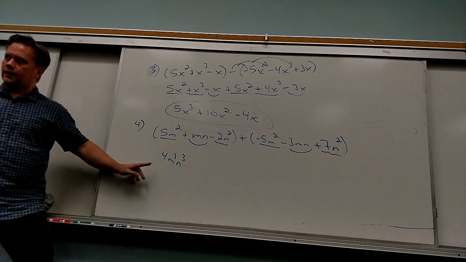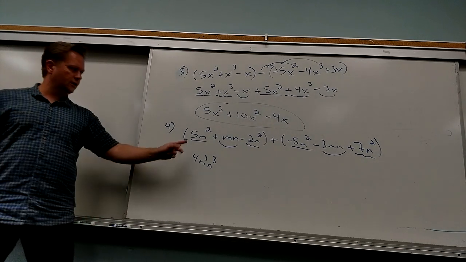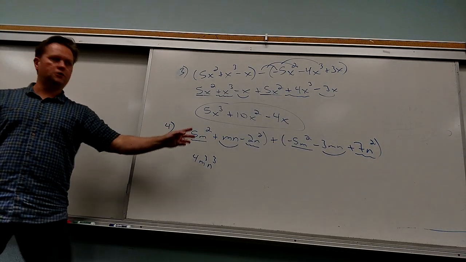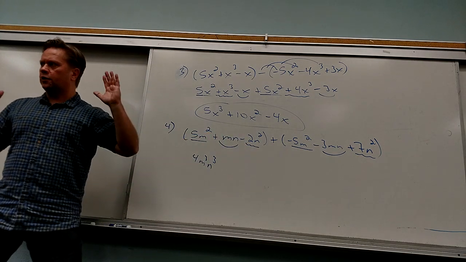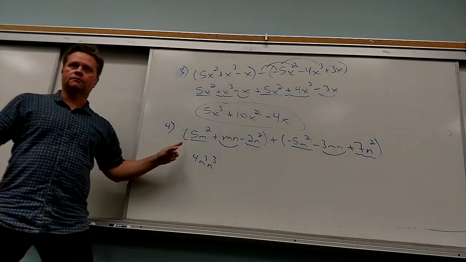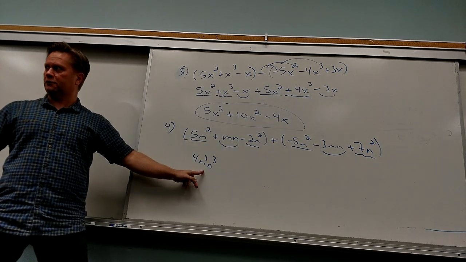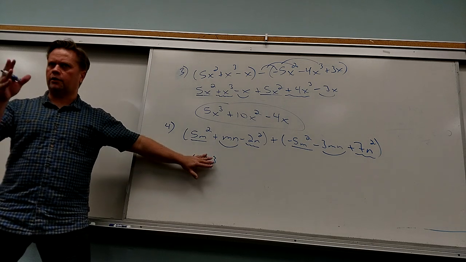So what I would say on this person's paper is, I don't see any m cubed n cubed. How did you get 4 of them? Do you see any m cubed n cubed in here? I really want you to look at this the right way. I'm claiming there's 4 of these. I don't see any of them. So how in the world do you get 4 of them? You guys with me? That is the correct way to look at this.